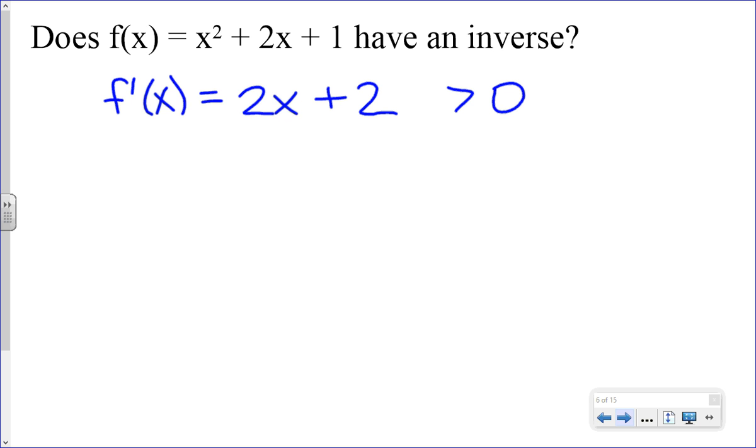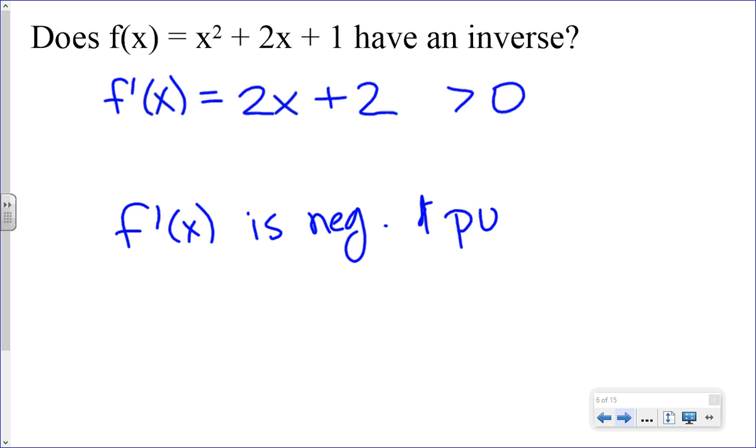No. It's greater than 0 when x is greater than -1. But to the left of -1, that derivative is going to be negative. Okay? So, since our derivative is negative and positive, then f of x has no inverse.